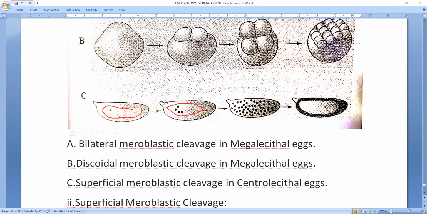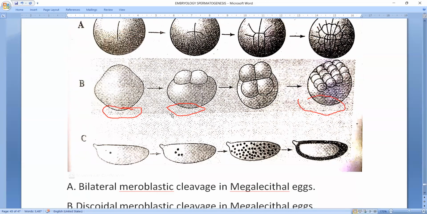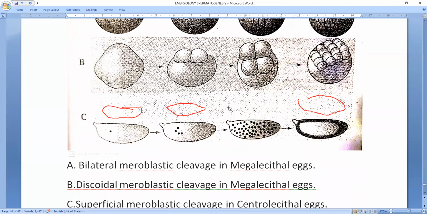Okay, so the division occurs only here. ఈ బ్లాక్ కలర్ చూడండి, పెరిఫెరల్ గా మాత్రమే జరుగుతుంది, లోపల వైపు జరగదు. సో దట్ ఈస్ superficial meroblastic cleavage.